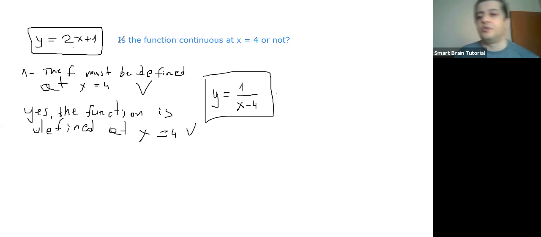We don't risk to get, let's say, a fraction with 0 denominator or a square root with a negative part. We don't have such a problem in this kind of function. So for us, the first condition is not a problem.